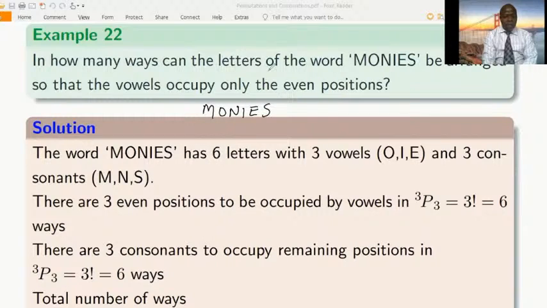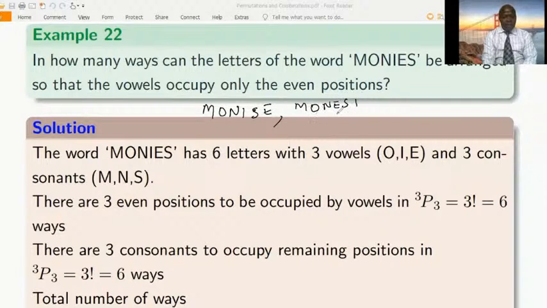Let me just put this. So the vowels, you can see the vowels 1, 2, 3, they're in even positions: 2, 4, 6. And I can also just maintain the way it is here. I can maintain the first 2 letters, and I can replace this to be E-S-I.